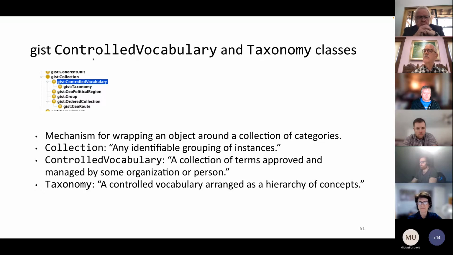There's some organization that produces this taxonomy on a regular basis or updates it, and so we want to actually have an instance of taxonomy that we can then put version numbers on, and all of the attributes and everything you want to say about the taxonomy as an object.